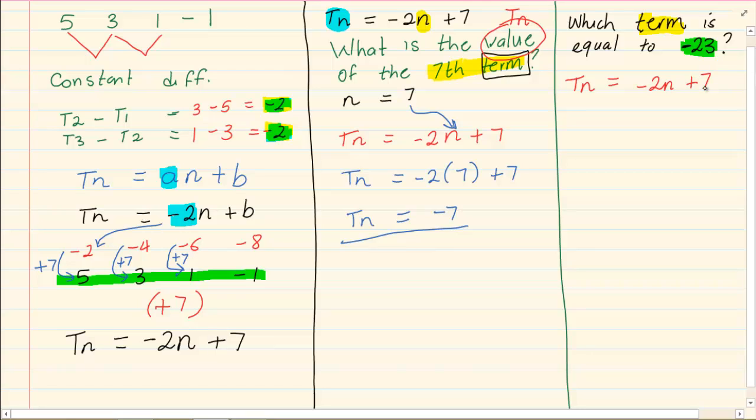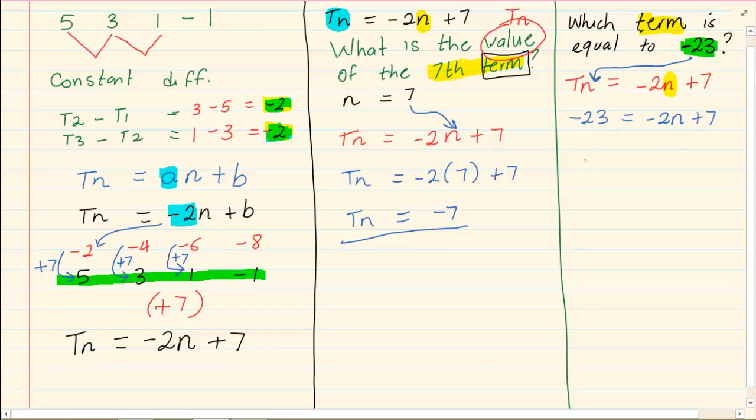When they're asking you which term, then they're asking you to solve for n. What they had given you is Tn. So we're going to substitute minus 23 in Tn's place. And then we are going to solve for n.